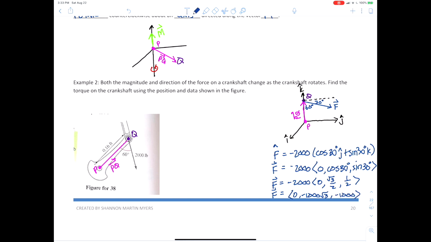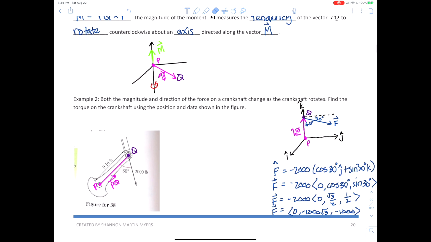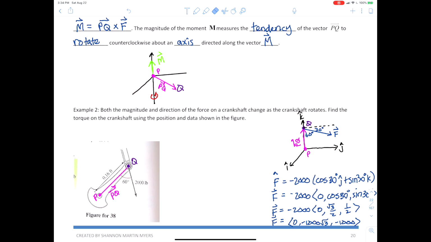Good so far? Awesome. All right. Our M vector is going to be, remember, PQ cross F. PQ cross F.